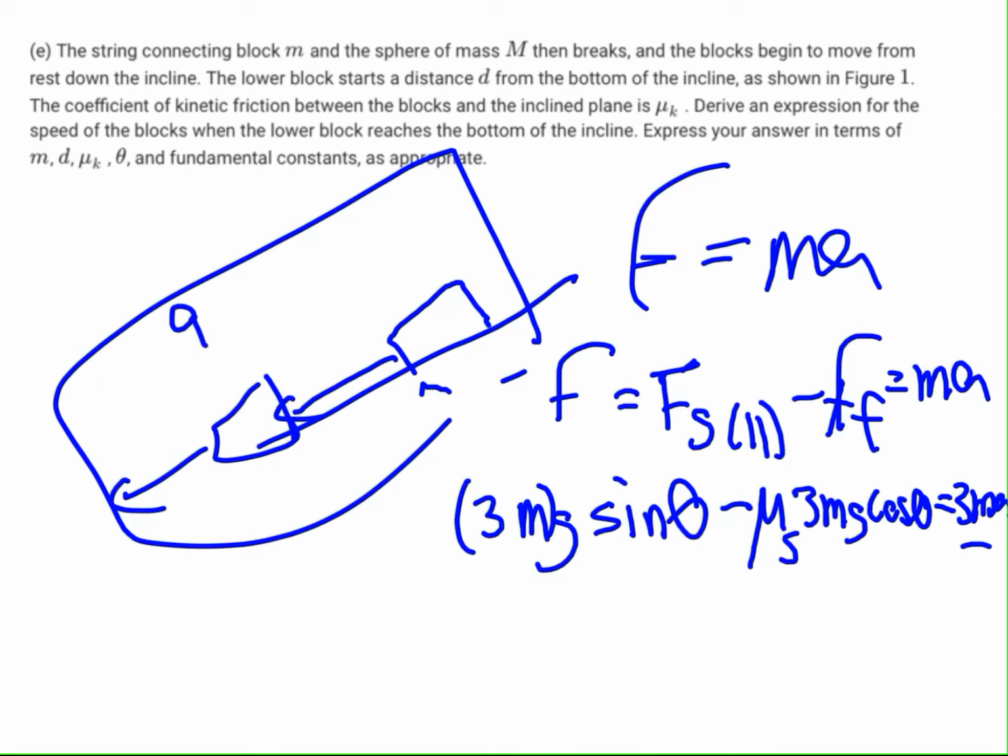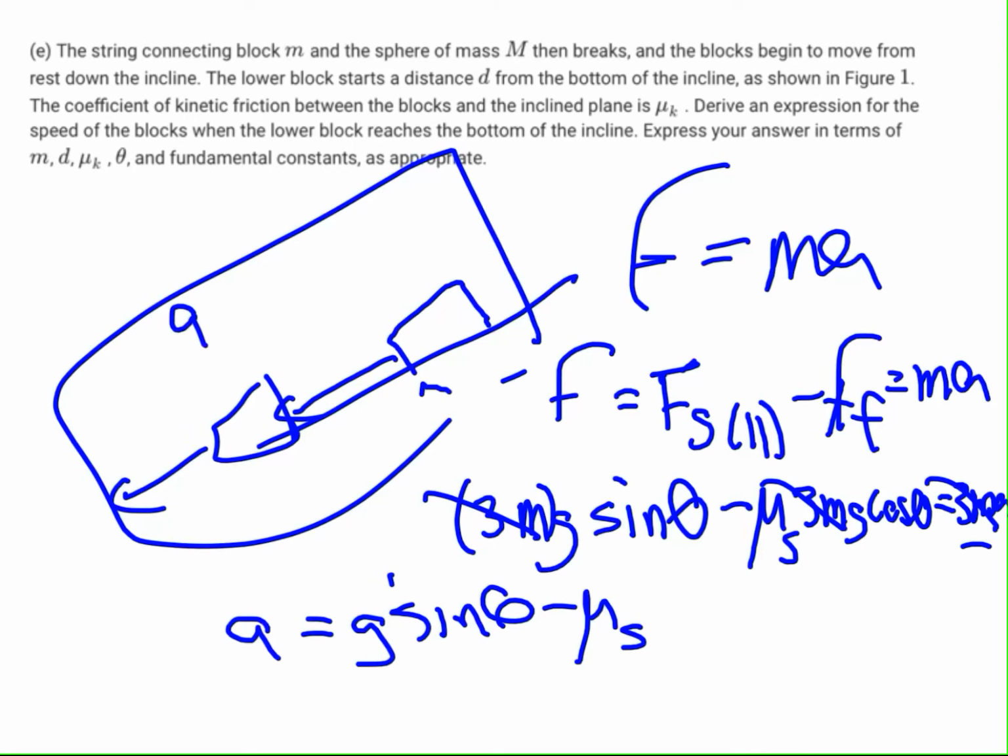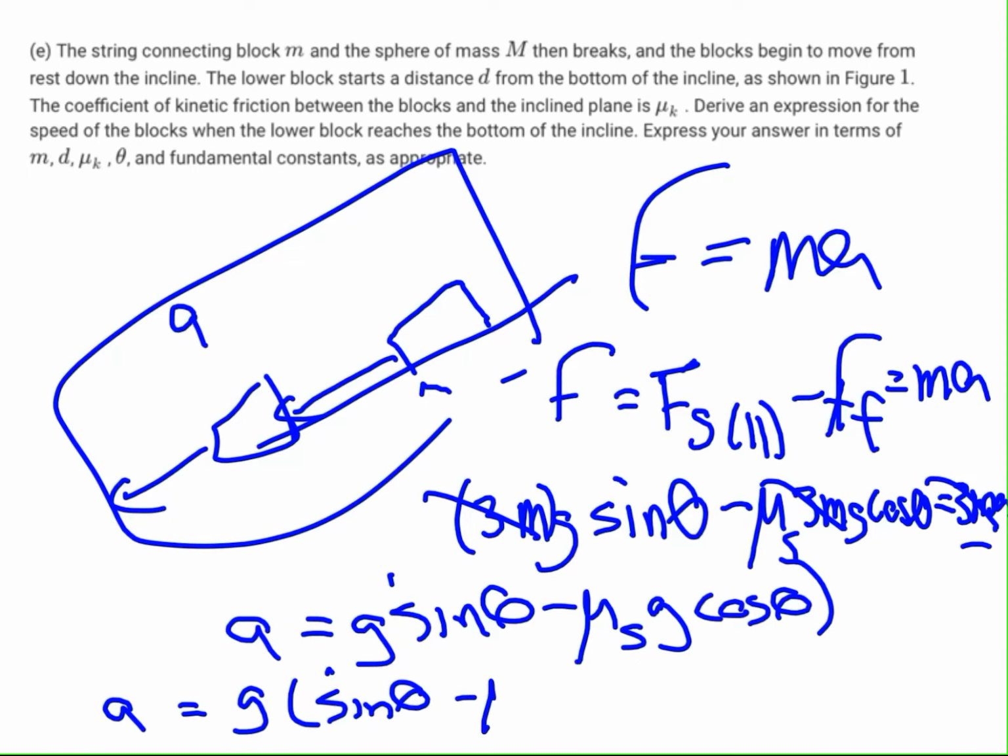So I got 3m, 3m, 3m. So now my acceleration is just g sine theta minus mu static g cos theta. Or if we want to factor that out, we could say A is equal to g times sine theta minus mu static cos theta.